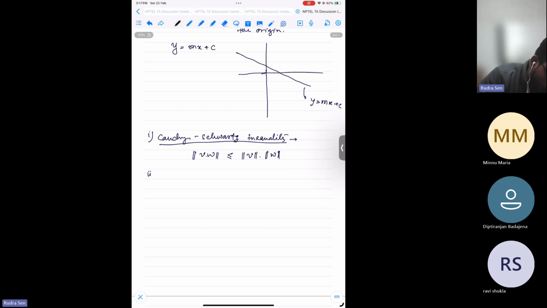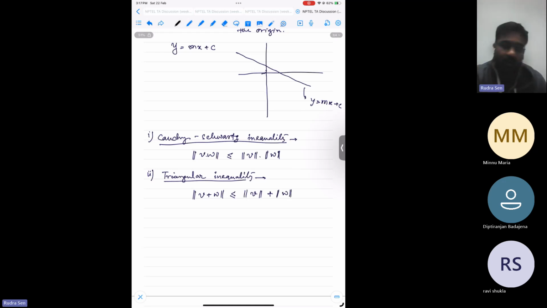The second is the triangular inequality. It's the same thing, which is in addition.